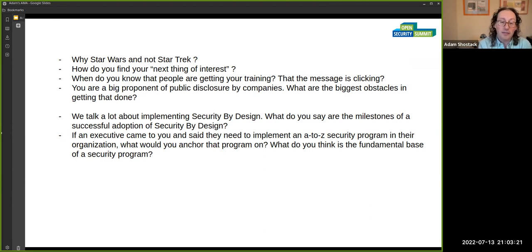And so the A to Z program that I'm going to implement for that exec is going to be different than the A to Z program I'm going to implement for, say, a pipeline executive, because the Transportation Safety Administration issued cyber regulations. Okay. But the question of why do we need to do this is the first anchor.